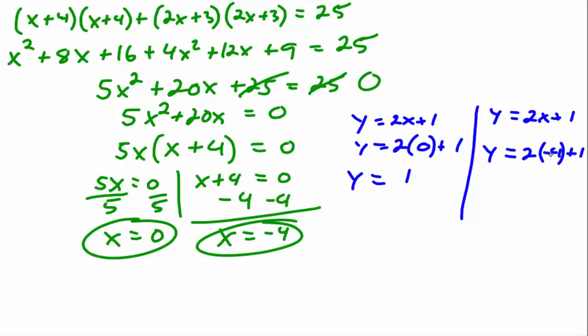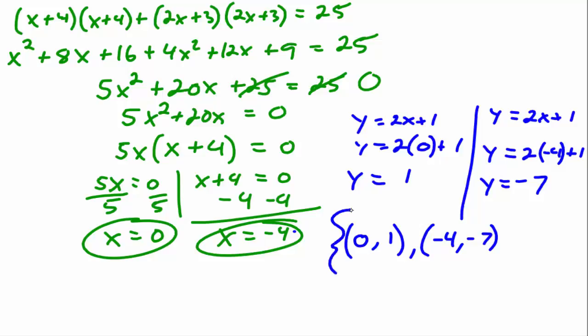That negative 4 right there, plug it in for x. y equals negative 7. So my solution is going to be (0, 1), which is one intersection point, and (-4, -7) is the other intersection point. There is my solution to our system.